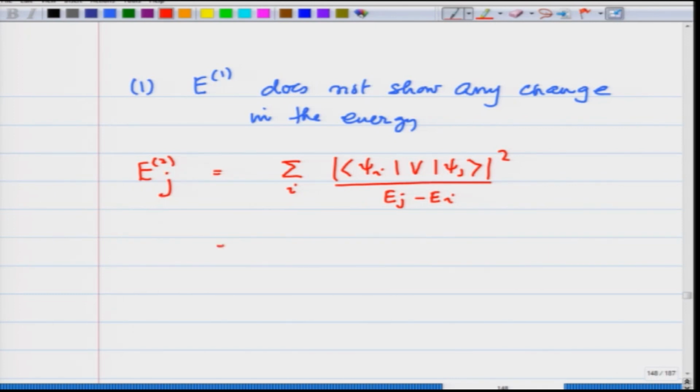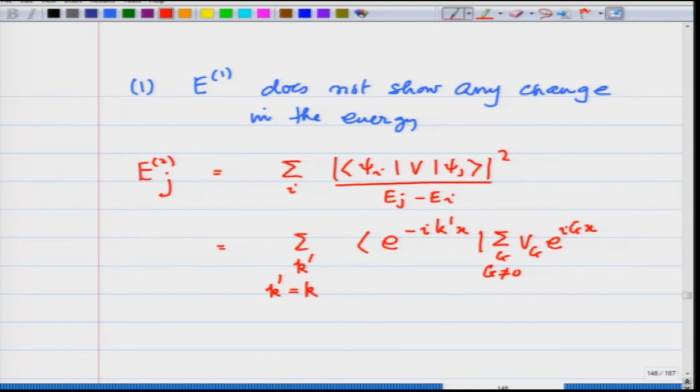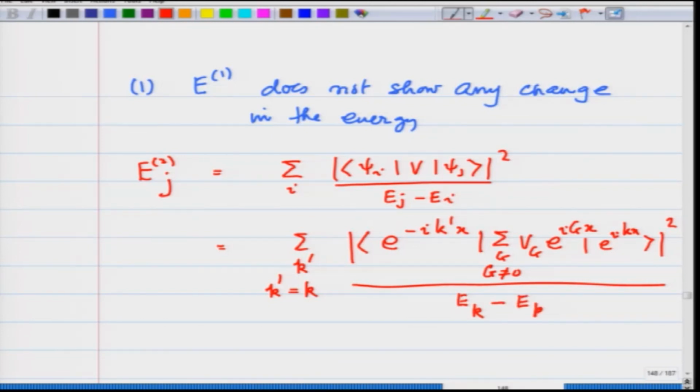In the language of the k's that we are talking about, this is going to be the summation over k prime not equal to k of mod square of e raised to minus i k prime x, summation over g of V g e raised to i g x, where I can now write g not equal to 0 because I have excluded that using the first order perturbation theory, e raised to i k x, divided by E k minus E k prime, where E k is equal to h cross square k square over 2 m and E k prime is equal to h cross square k prime square over 2 m.